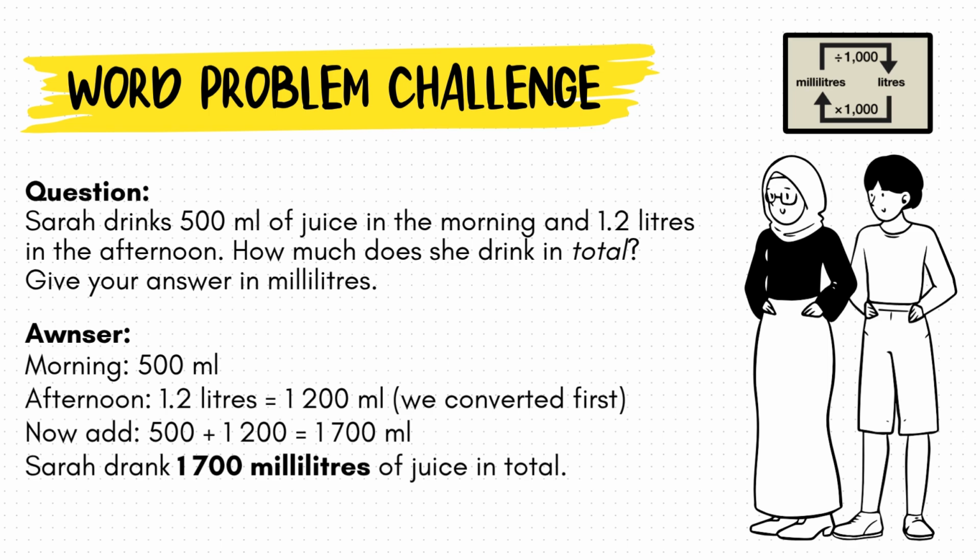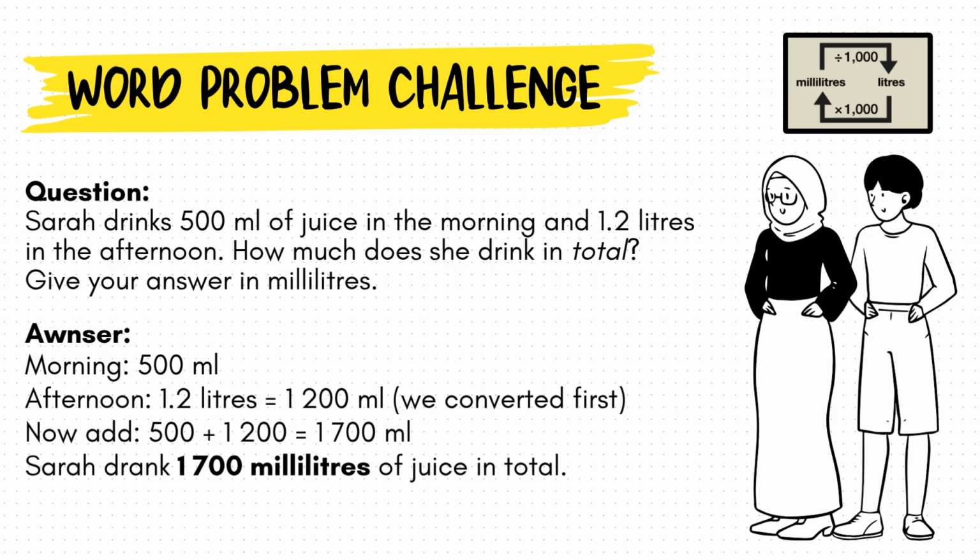We must first convert the 1.2 liters to 1200 milliliters. So basically, we just took that 1.2 liters and times with 1000 to get milliliters, because the unit should always first be the same.